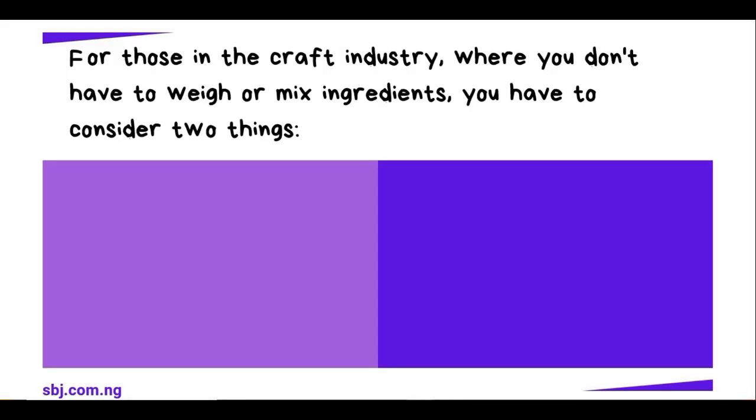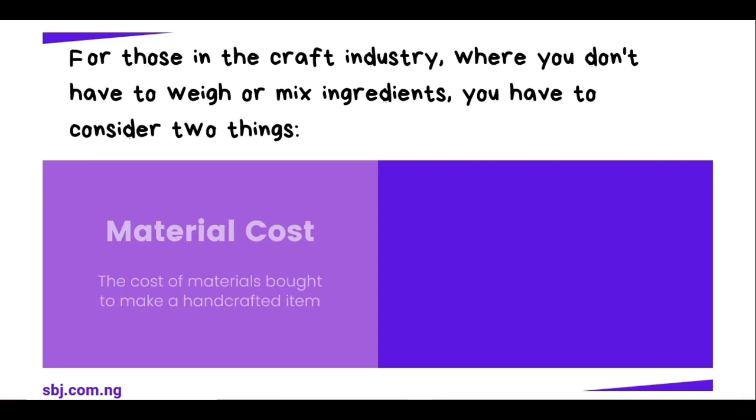So for those in the craft industry where you don't have to mix or weigh ingredients, you have to consider 2 major things. Your material costs, those are the cost of materials bought to make a handcrafted item. You're buying a pair of leather, you're buying beads, you're buying accessories, you're buying zips. Think of it, your material cost is very important.